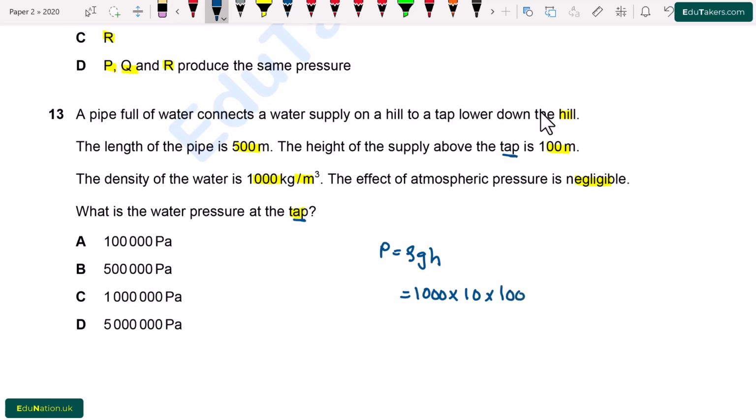So I write here 100. So the value of pressure will be equal to the unit of pressure is Pascal. So from here option C is correct.